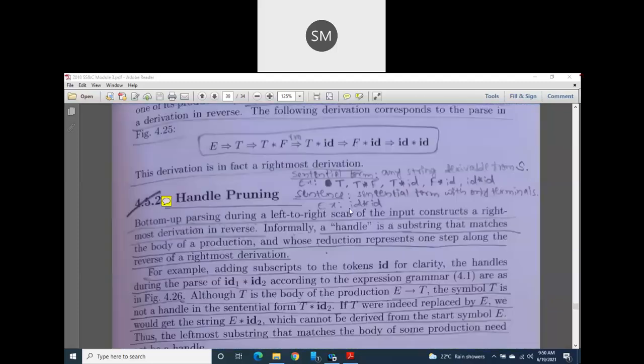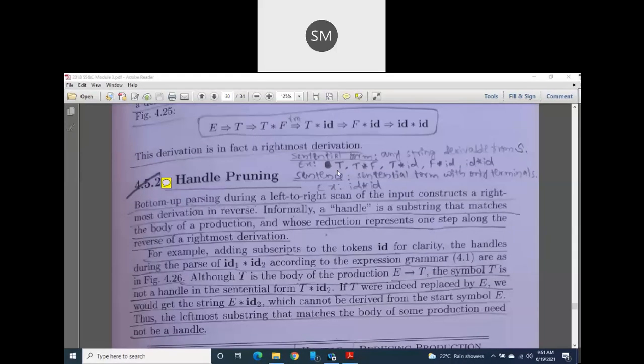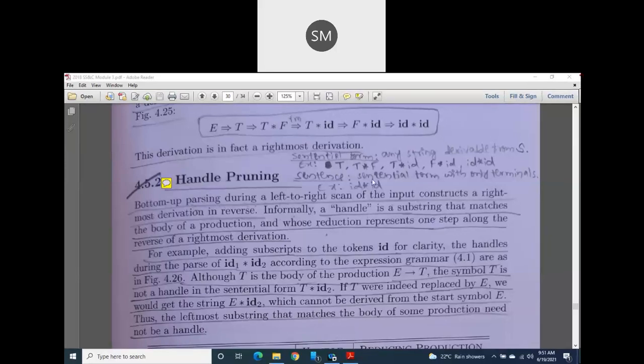Okay. So these all sentential forms may be a combination of terminals and non-terminals. Because of that only you can observe here, a combination of both terminal and non-terminal is there here. F star T, T star T, T star F, both of them are non-terminals. ID star ID, both of them are terminals. In fact, star is also a terminal. Okay. So this is about a sentential form.